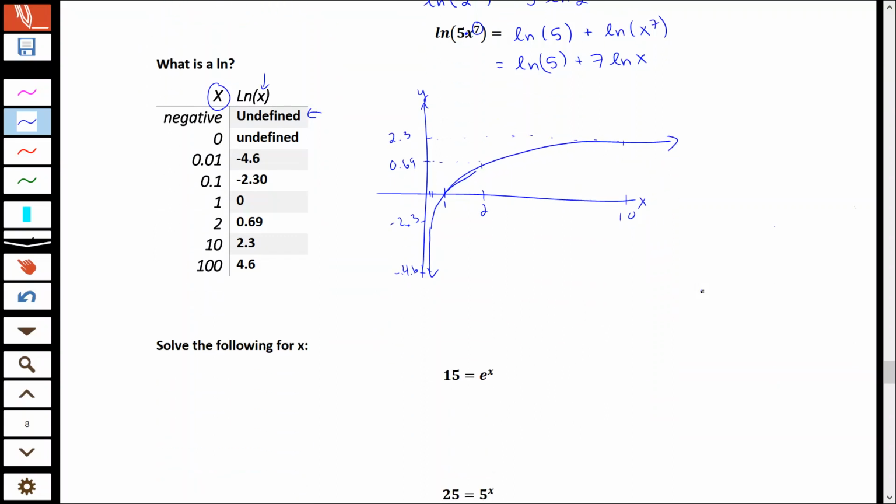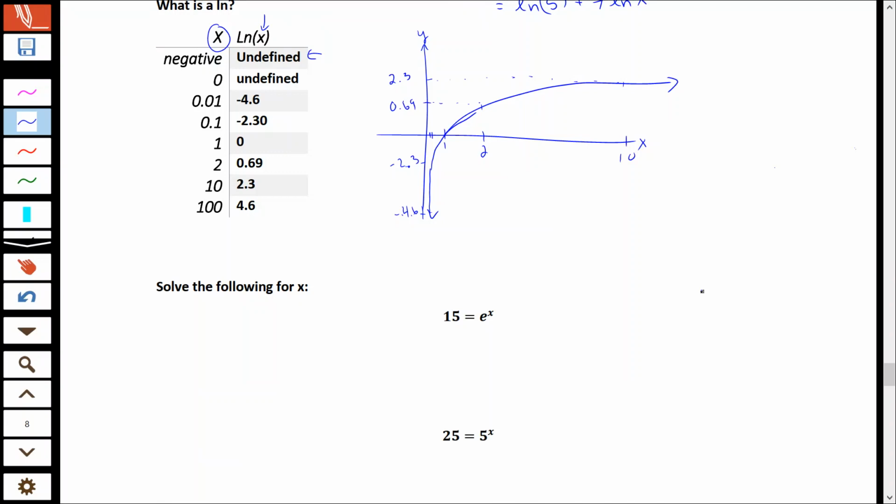And so we use ln in this class, in general, to help us solve for exponents. If I have 15 equals e to the x, and I want to know what x equals, I'm going to take the ln of both sides, because whatever we do to the left side, we do to the right side, and the equation stays equal. So ln of 15 is equal to ln of e to the x. But really what this ends up being is that ln 15 is equal to x ln e.